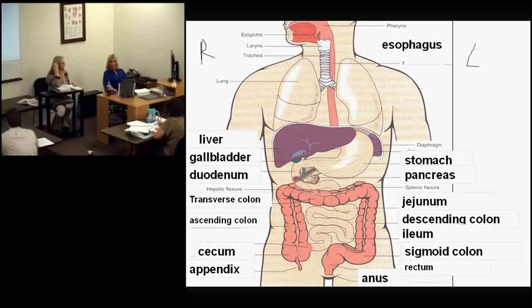So I remember when I'm looking at that picture, the left side of the body is on the right side of the picture, and the right side of the body is on the left side of the picture. Because what if they ask you which side of the body is the majority of the liver on? And if you look at the picture and you go, oh, it's the left. It's not. It's the right. So put that little R and L on there, and it'll keep you from messing up.